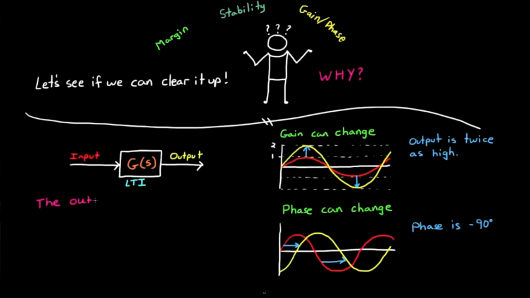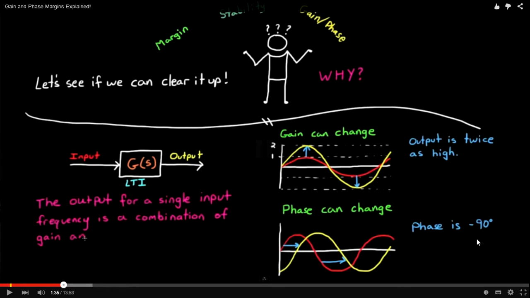So the output for a single input frequency is a combination of gain and phase shift. And the reason it is negative is that the yellow signal is lagging behind the red signal by minus 90 degrees.